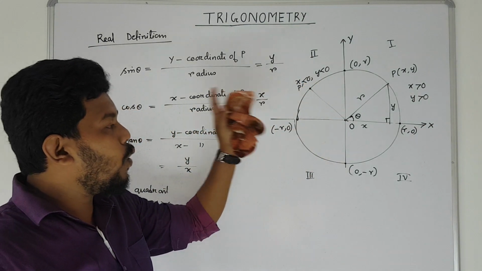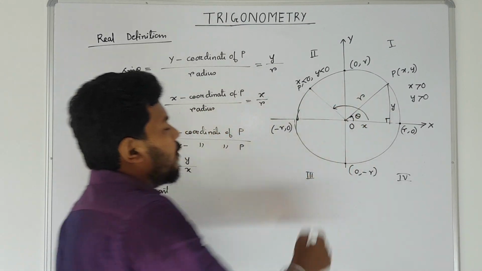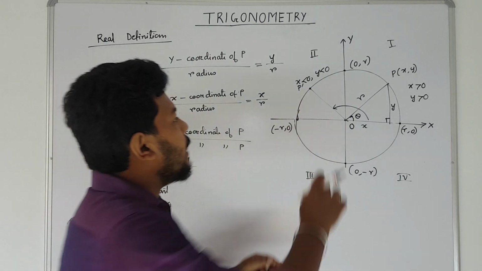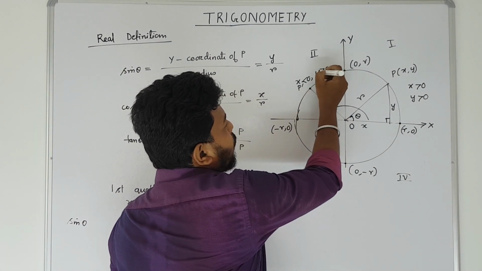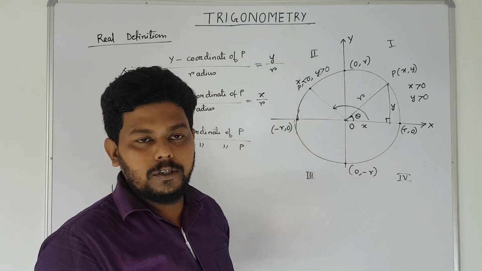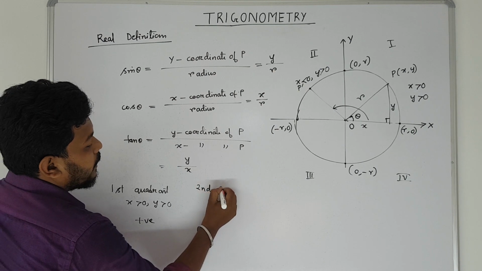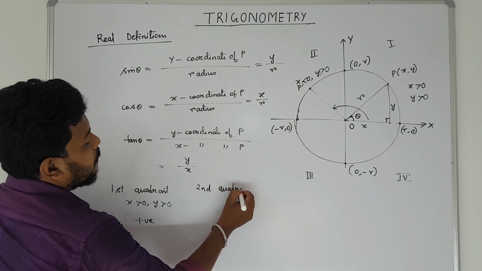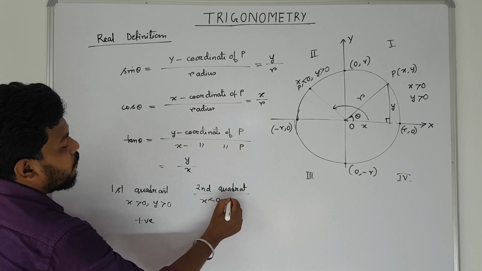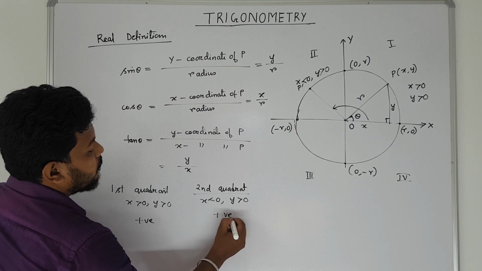If I find the sine for this angle theta, the value will be positive because here x is negative but y is positive. So I can write in the second quadrant, x is negative whereas y is positive. That's why sine theta will be positive.